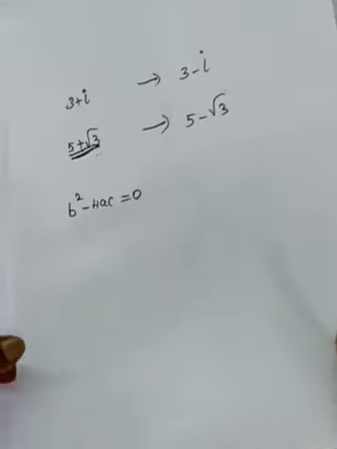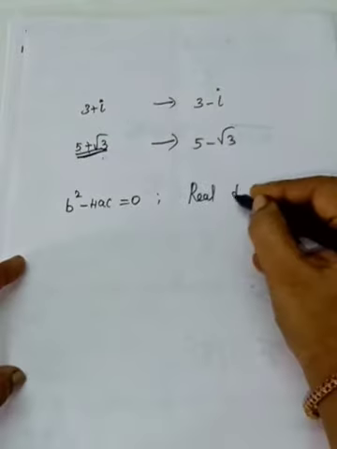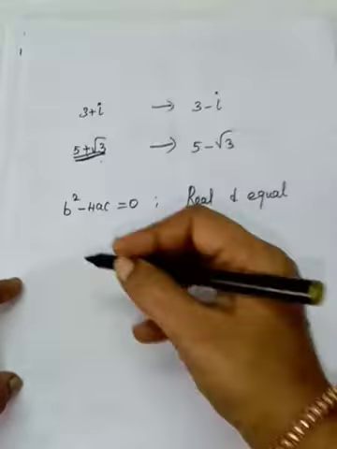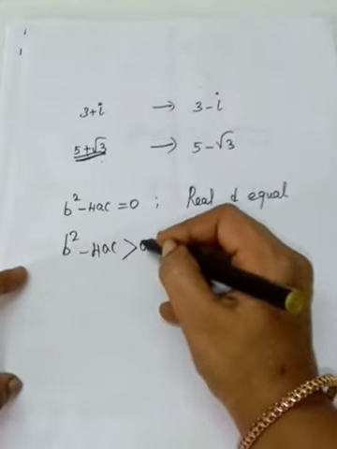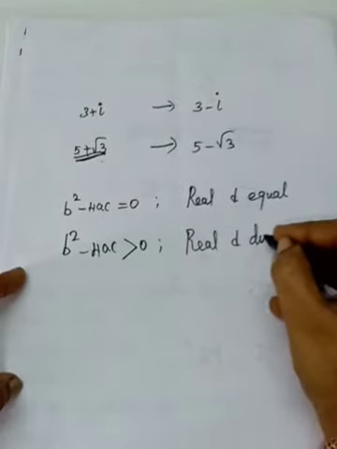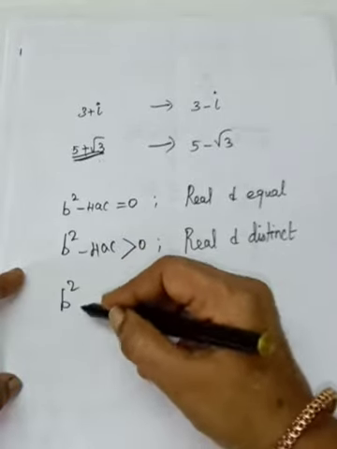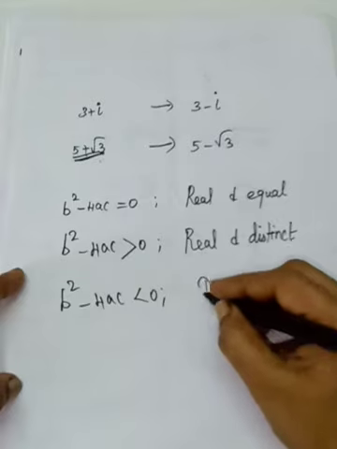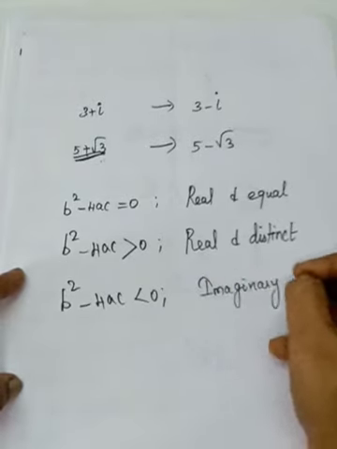For the quadratic equation, the roots are real and equal. B squared minus 4ac greater than 0 means the roots are real and distinct. And the discriminant b squared minus 4ac less than 0 means the roots are imaginary. You know very well, we have studied in 9th standard.